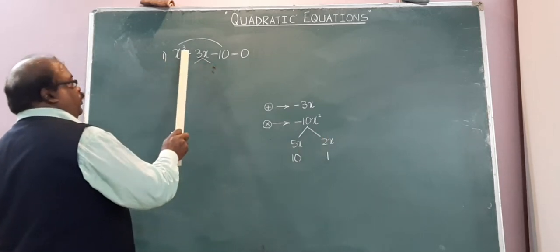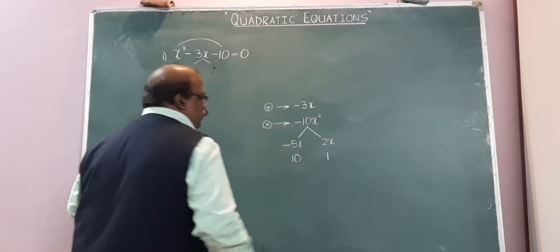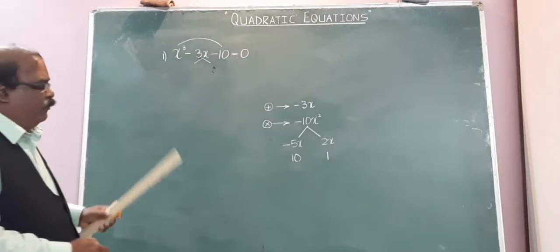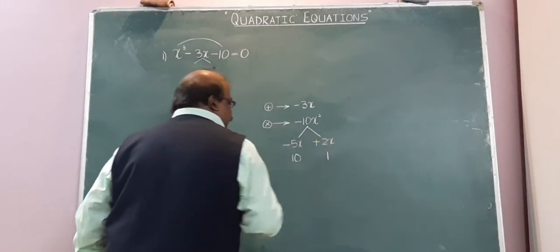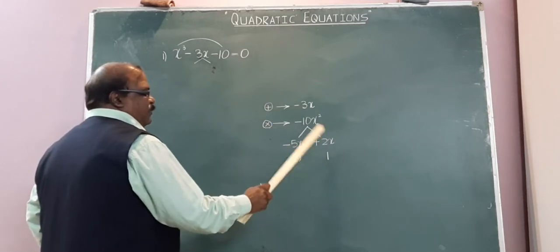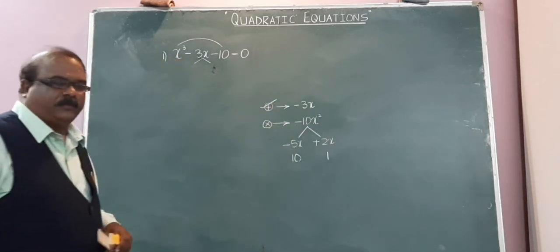Always remember, the sign of the middle term must go to the greater number. What sign shall I put here? I shall put plus. Now let me check. When I add minus 5x and plus 2x, I get minus 3x.